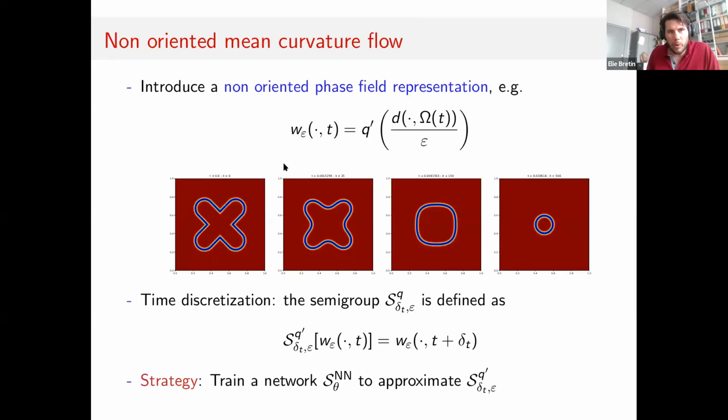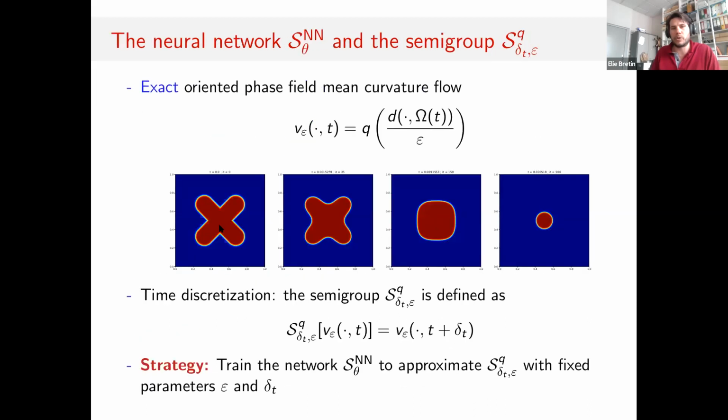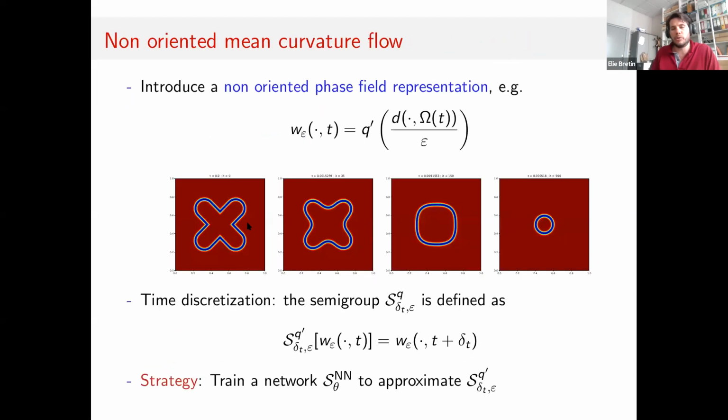If now I want to consider the non-oriented mean curvature flow, the problem is simply to modify the profile Q. And if I want to consider a non-oriented phase field representation, I can simply replace Q by Q prime. Here we use an evolution with Q. Here we use a phase field representation with Q prime.